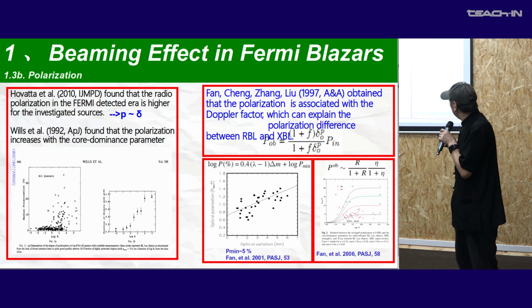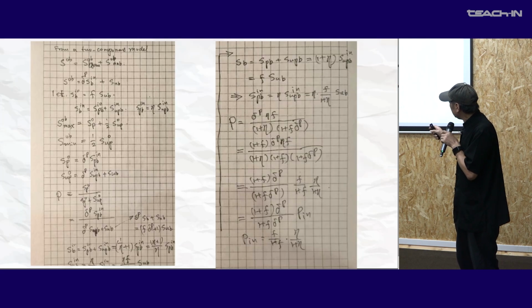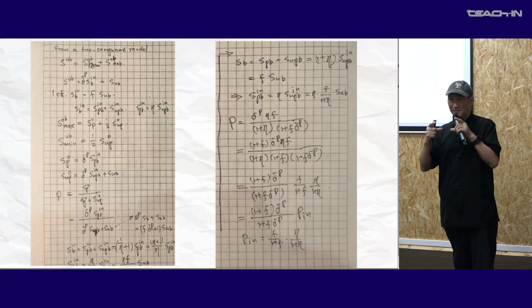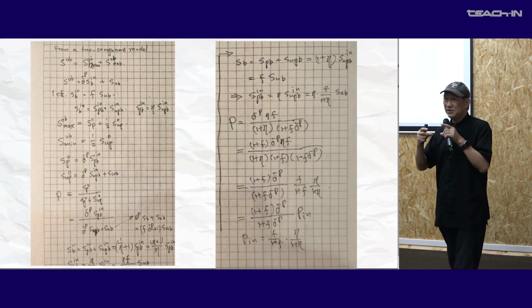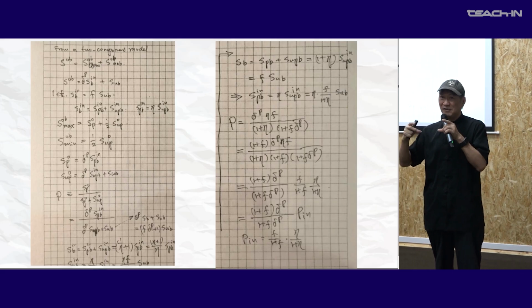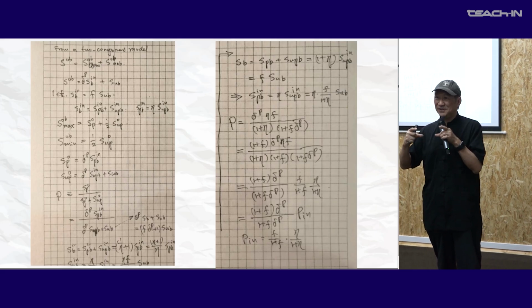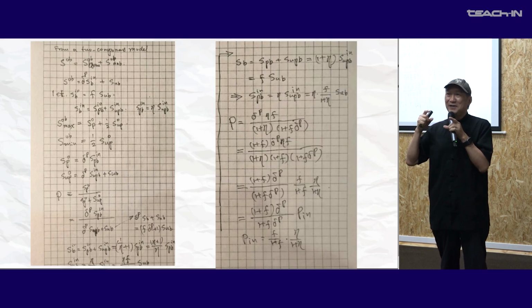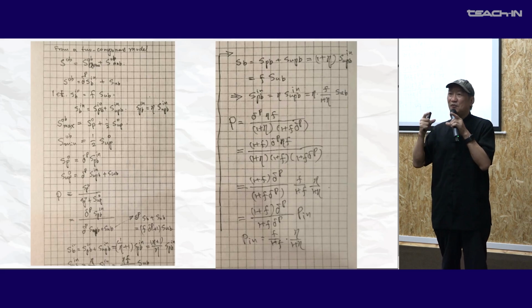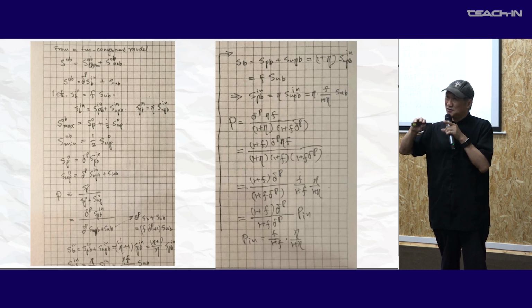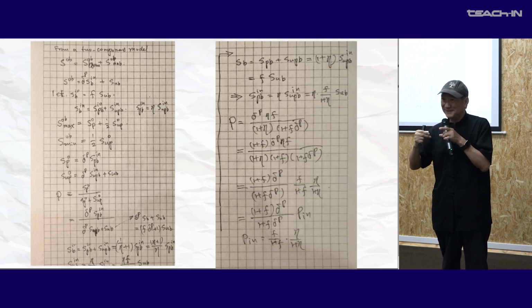So we consider this using the two component model. The emission is from two parts, one beamed and another unbeamed.